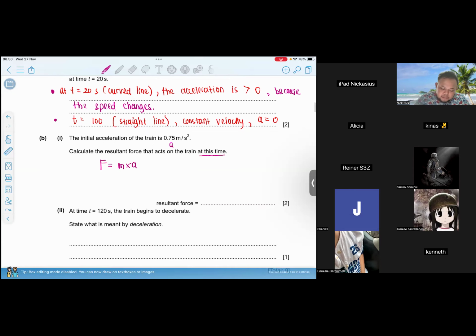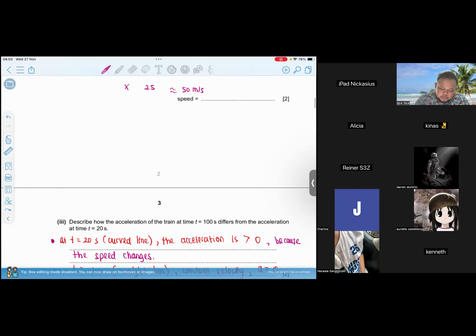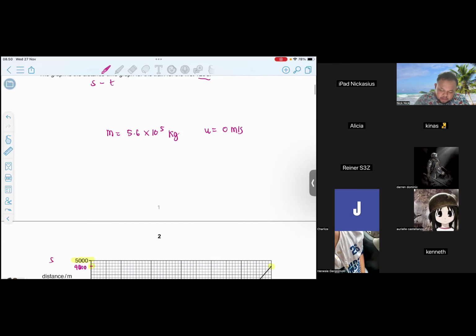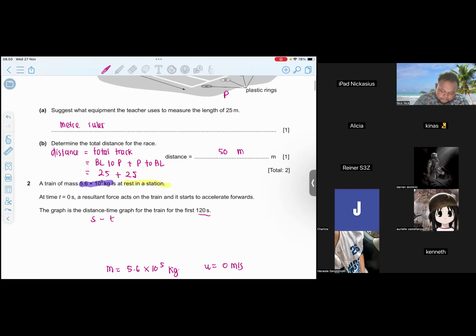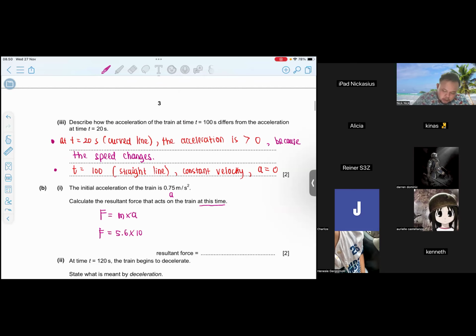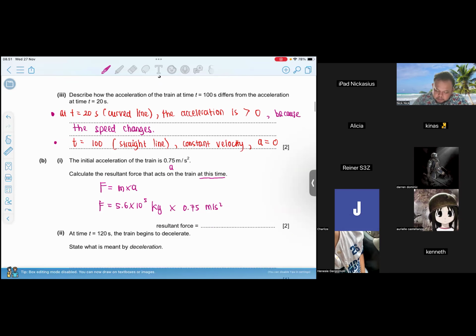The mass is given above, 5.6 times 10 to the power of 5 kilograms, times acceleration 0.75 meters per second squared. So the unit later becomes kilogram meter per second squared.